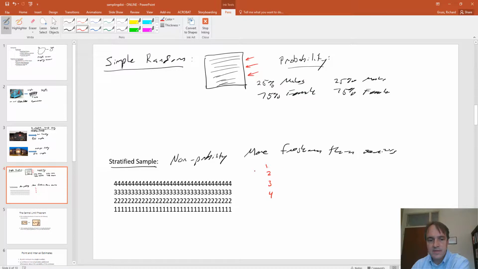Let's just say we want to take, in this case, 4 from each of these strata. So we'll take 1, 2, 3, 4, for each one. Okay, so we have a simple random sample within each of the strata.